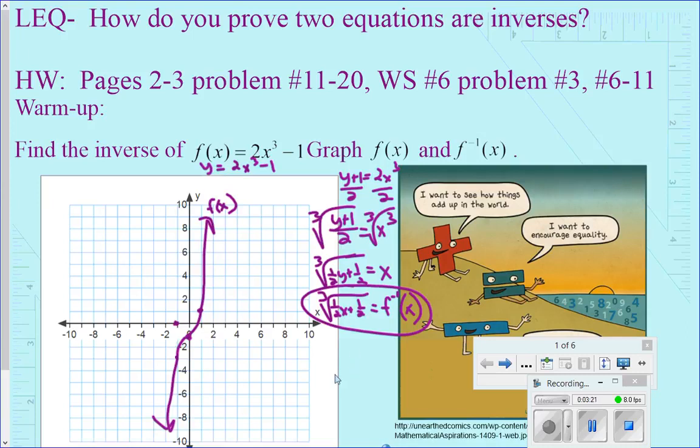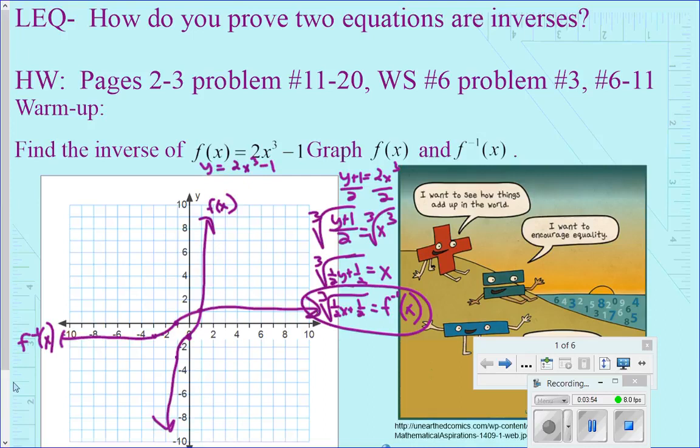So negative 3, negative 1 right here. Then I can see that if I take this cubic and flip it across y equals x, I'm going to have my inverse graph, something like that, and that's f inverse of x.